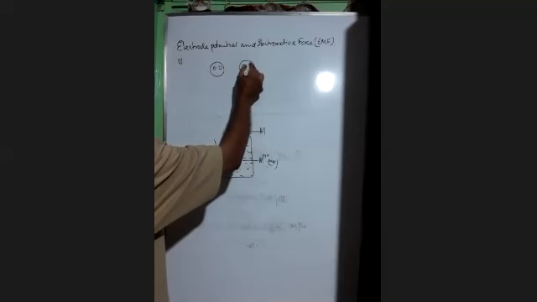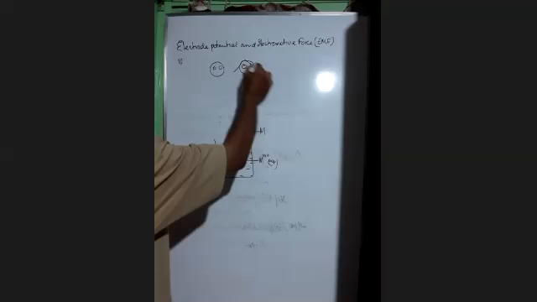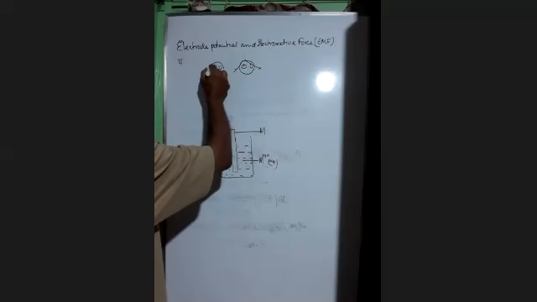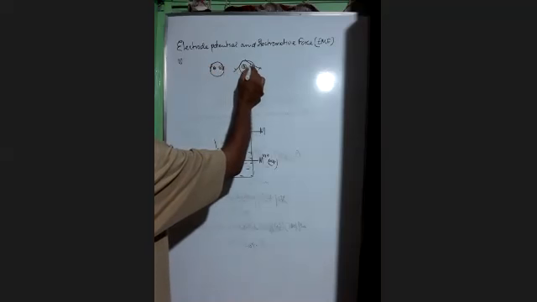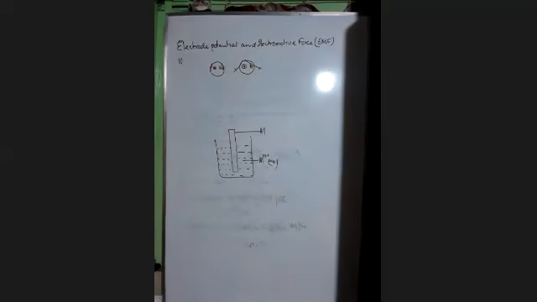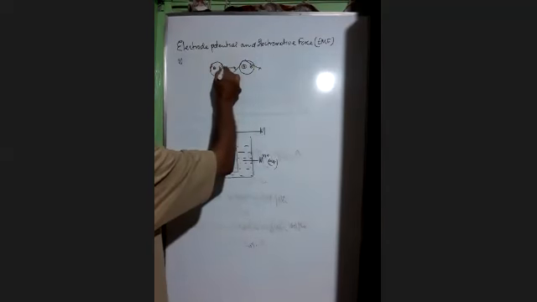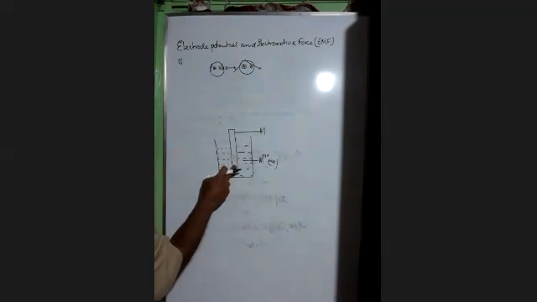Say it is you, and this is another person. As you don't know each other, you will not look at anyone. You'll be indifferent. So here the metal will be indifferent to the metal ions.